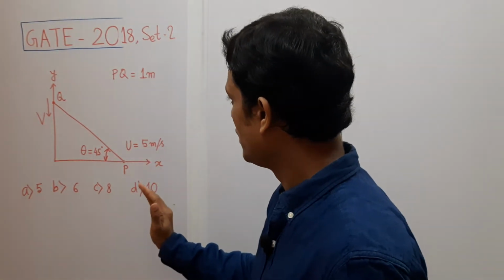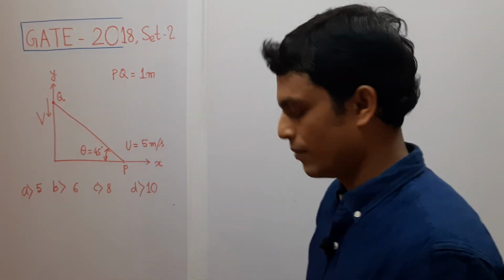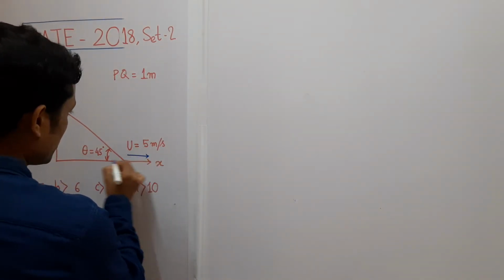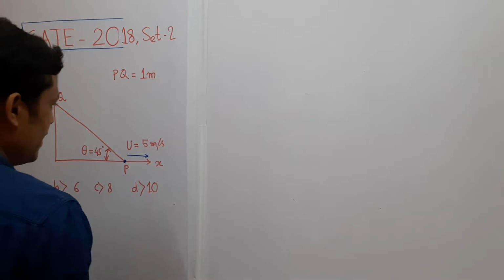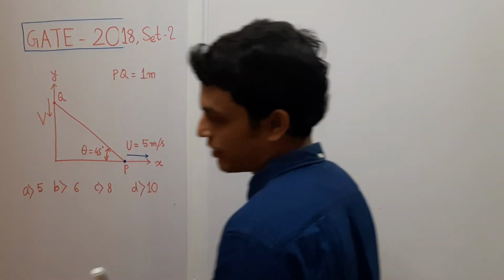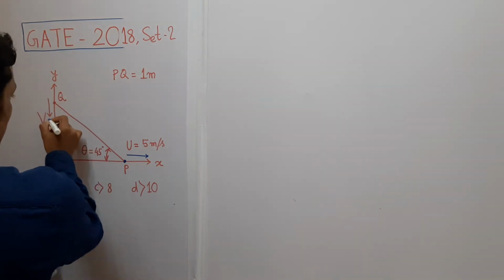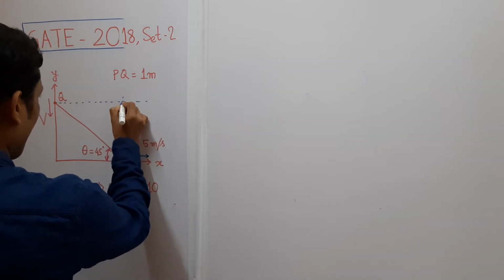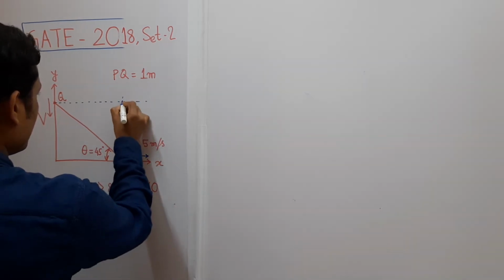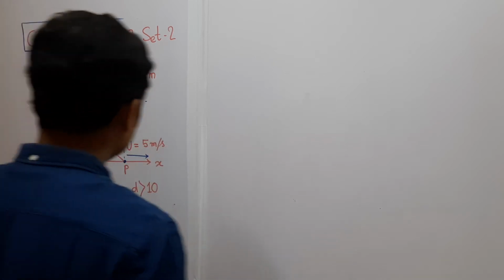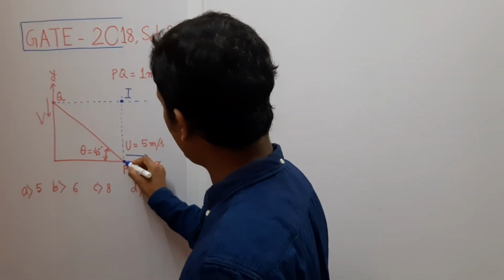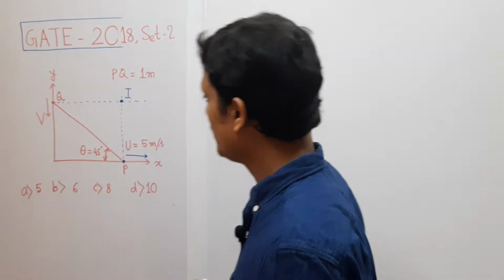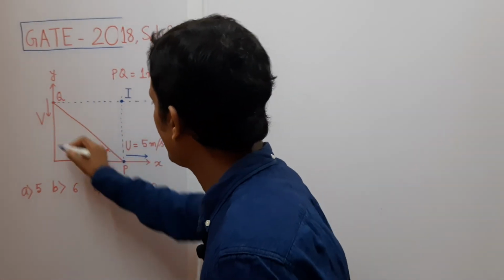So the directions at the two points P and Q are known. u is along the x direction, that is, P is dragged along x with a velocity of 5 meter per second. From these two directions, of v and u, we draw two perpendiculars, and they meet at point I. If you know the direction of velocity at two different points on a rigid body and you draw two perpendiculars, they will meet at the absolute instantaneous center of PQ.